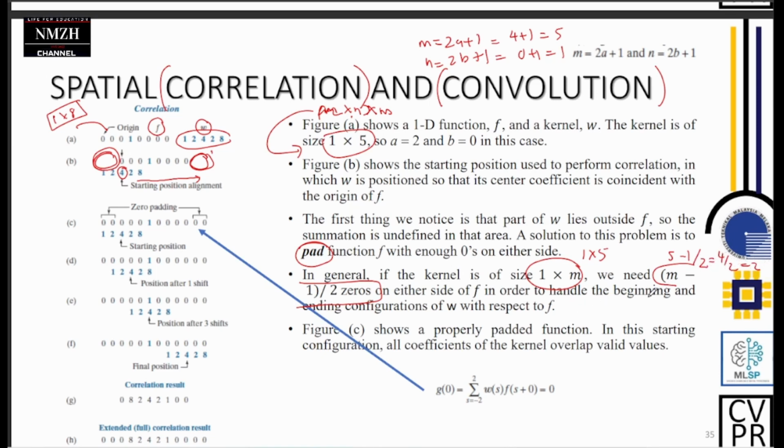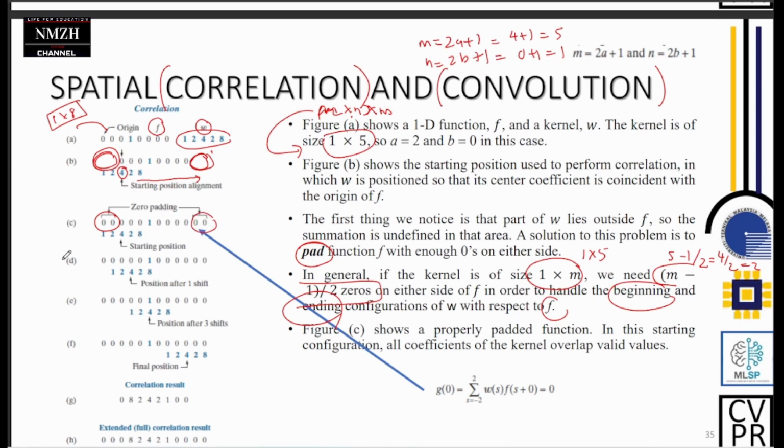So 2 zeros should be added to the beginning and to the end of F. That's the reason why in C we can see that 2 zeros at the beginning and 2 zeros at the end have been added.